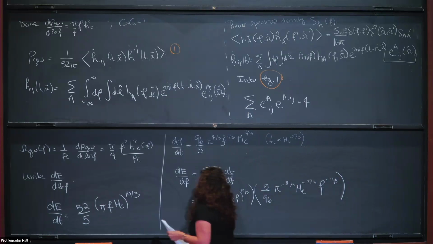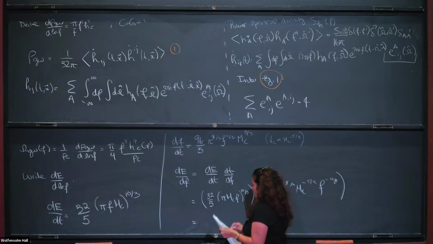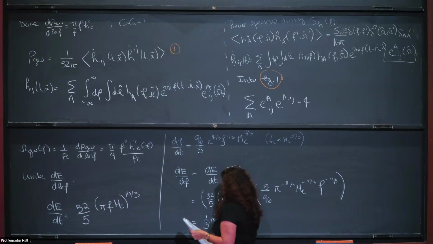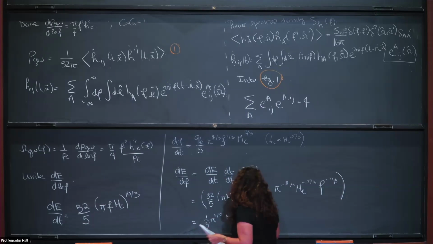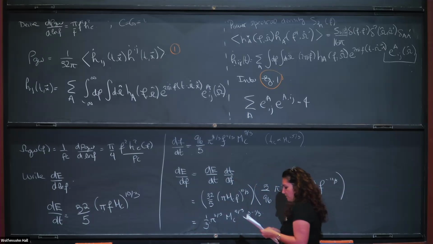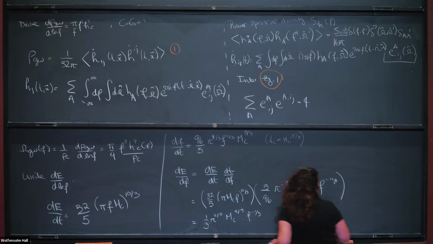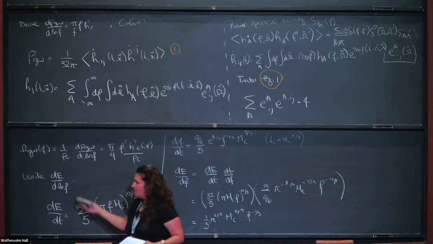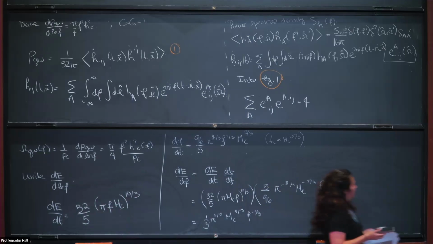So that means that ultimately dE by dF is 1/3 times pi to the 2/3, chirp mass to the 5/3, and frequency to the minus 1/3. Okay, so we're almost there, but we want this written in terms of a logarithm. So we have to hit it with an F.